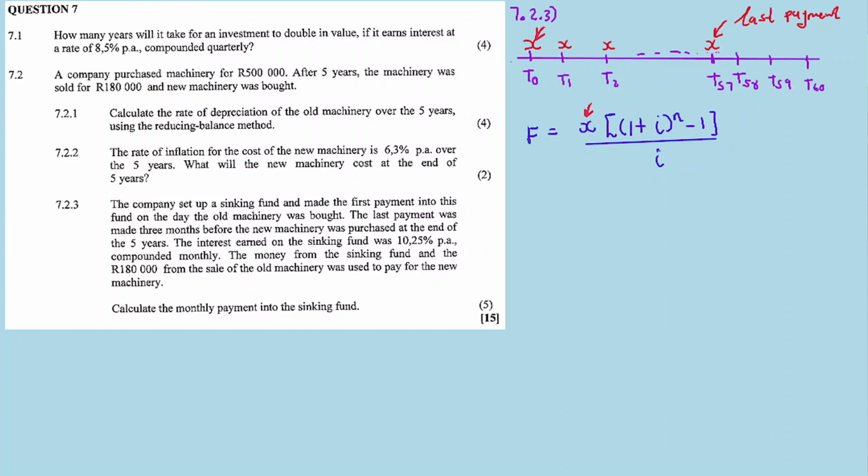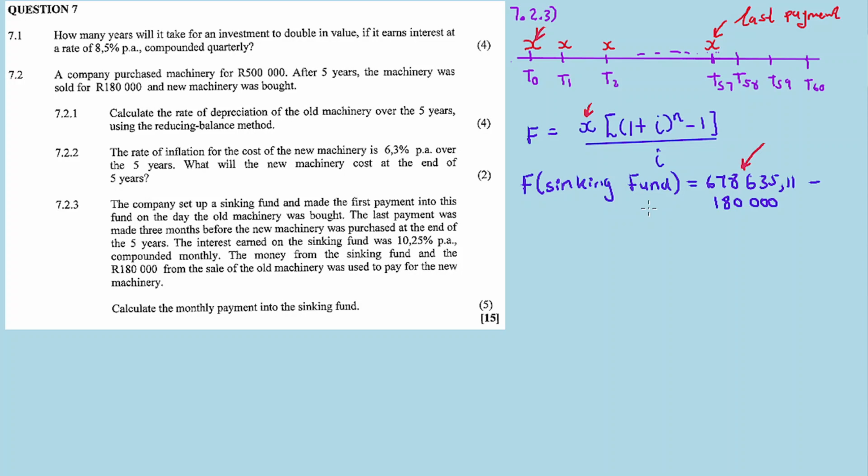What do I mean? I mean F is equal to 635.11. What is this? Do you remember? This is the inflation, right? This is the amount with which I buy this new machine. But when I buy the new machine, I will take out this 180,000 rand after the 5 year period. So I must subtract in order to find F, the sinking fund.